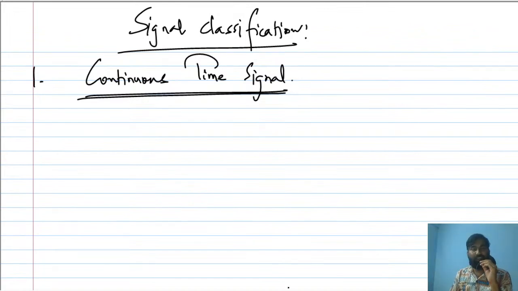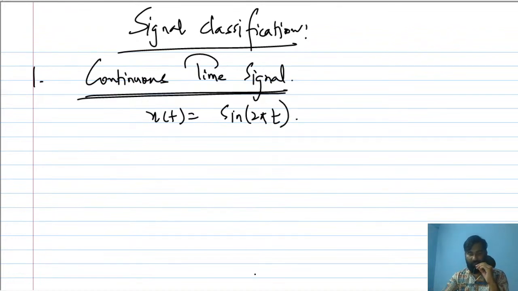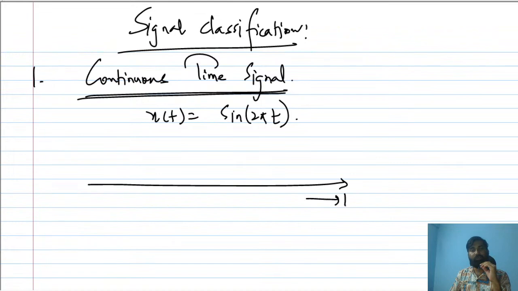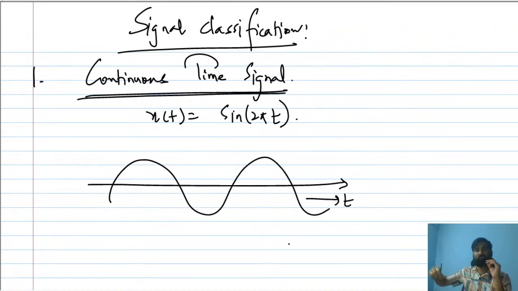We can also give a very good example here. Suppose I take x(t) equal to sine 2 pi t. This is one of the good examples of a continuous time signal. You can plot it against time, it has continuous variation.